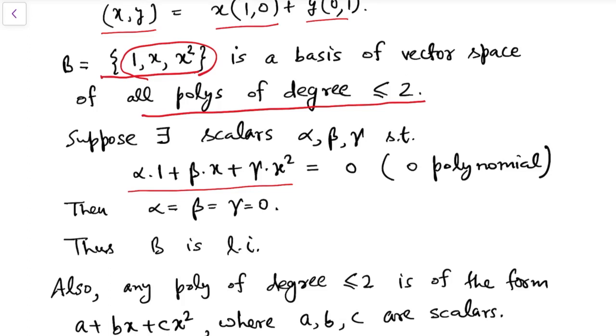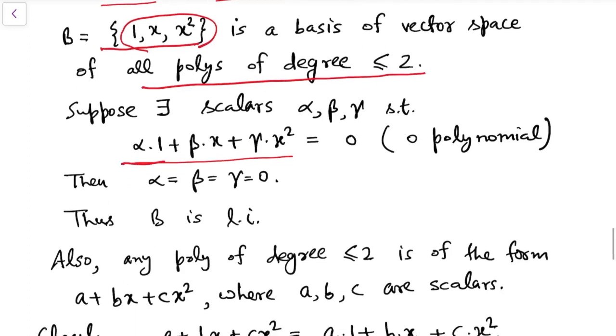and 1, x, x square are linearly independent also, because if you take this linear combination equal to 0, now this right hand side is the 0 polynomial. So a polynomial is 0 if all coefficients are 0. So alpha, beta, gamma must be 0.